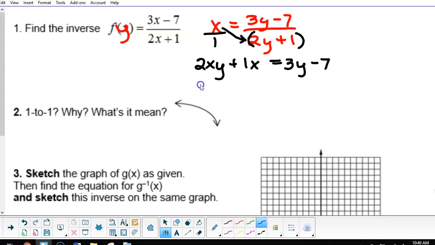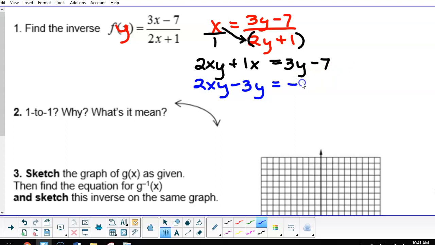Can someone tell me what the next step would look like? So it'll say 2xy minus, gotta subtract that over here, equals, and we need to subtract this 1x over to the other side.